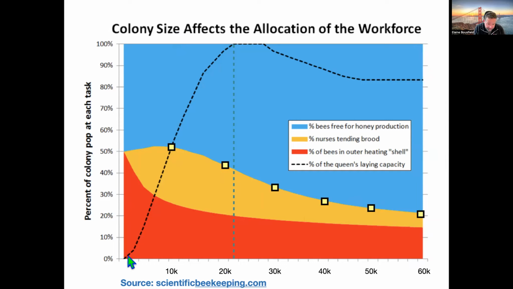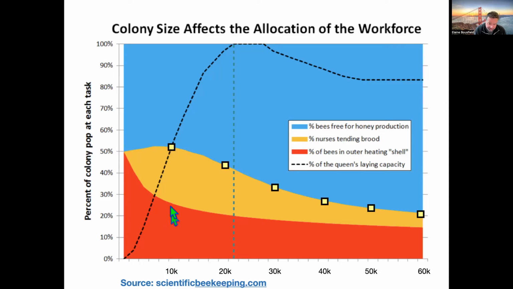The other thing is that this dotted line is the percentage of the queen's maximum laying rate that she's able to do. If we take this half a box of bees, half a brood box of bees, 10,000 odd bees, the queen can only lay at about 50% of her maximum, because there aren't enough bees to look after any more brood than that.